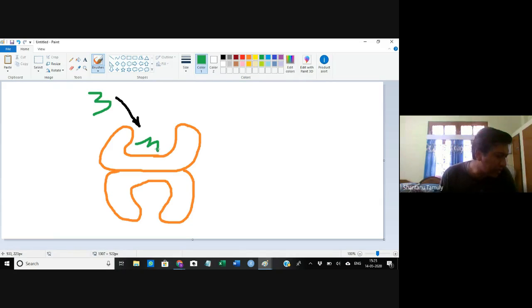And then there is a cap present on the surface of this HSP 60. So this cap will close.